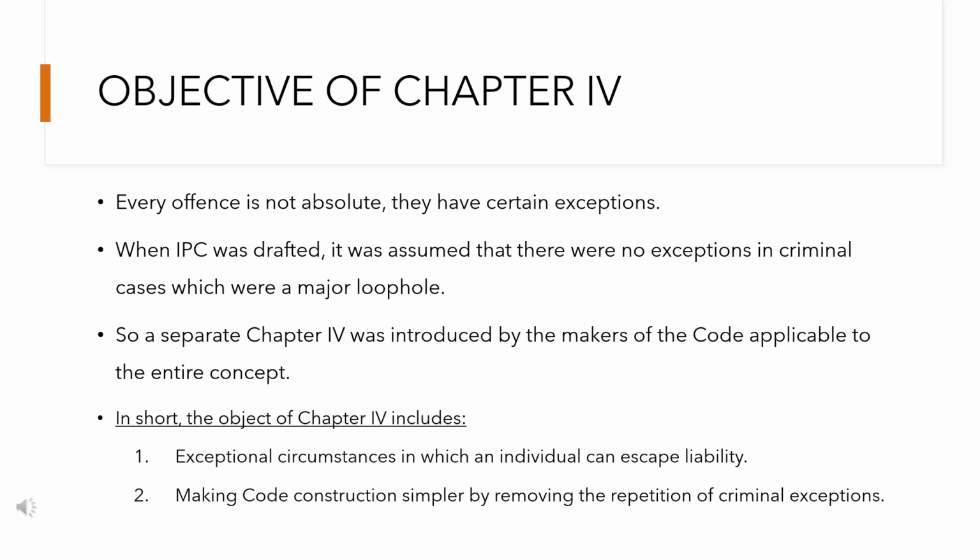So a separate Chapter 4 was introduced by the makers of the code, applicable to the entire code. In short, the object of Chapter 4 includes exceptional circumstances in which an individual can escape liability, making code construction simpler by removing the repetition of criminal exceptions.